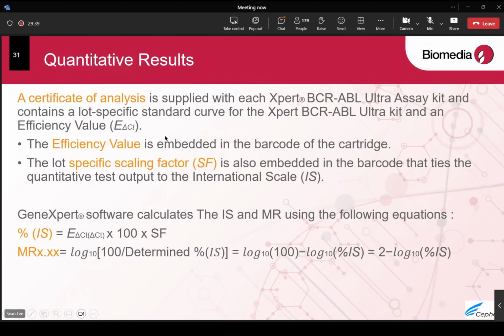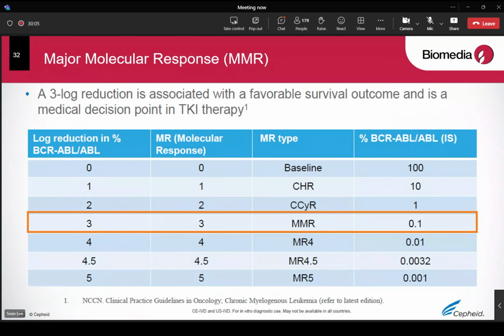So you can leave it to the machine to do that. But sometimes when you get a value that is below the limit of quantitation, if you want to know the exact value, you might need to do the manual calculation by yourself. For example, I'll explain it in the next slides.